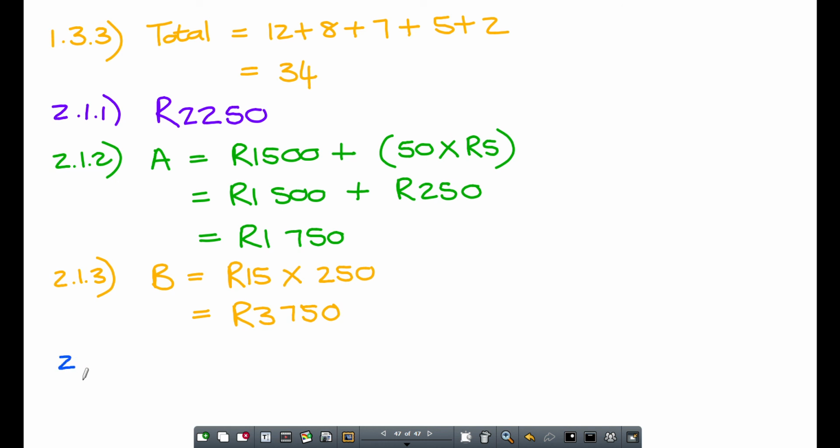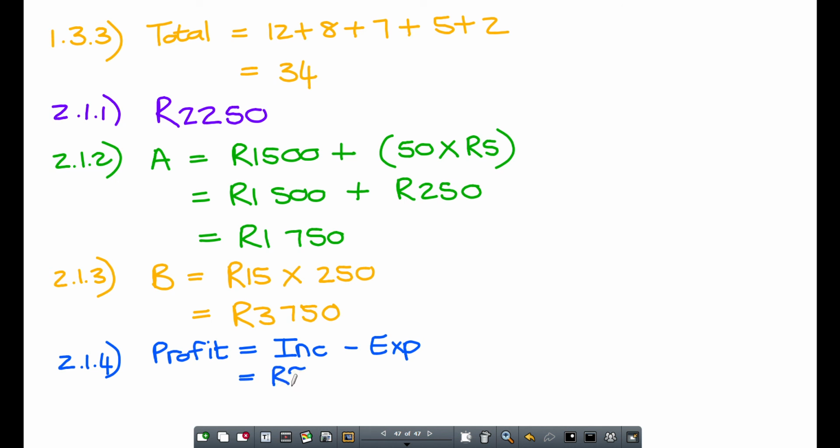Then the last one, 2.1.4, sê hulle vir jou calculate the profit if 350 pies are sold. Okay, nou onthou, profit, wins, is mos income minus expense. Nee. Goed, by 350 pies, wat was ons inkomste gewees?